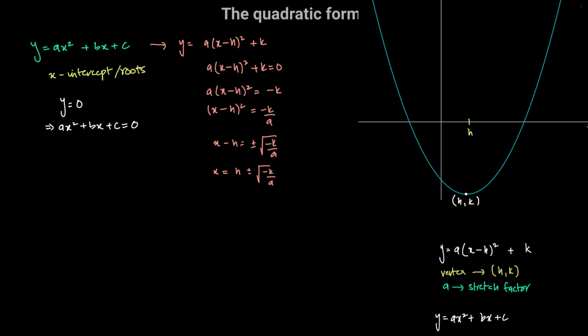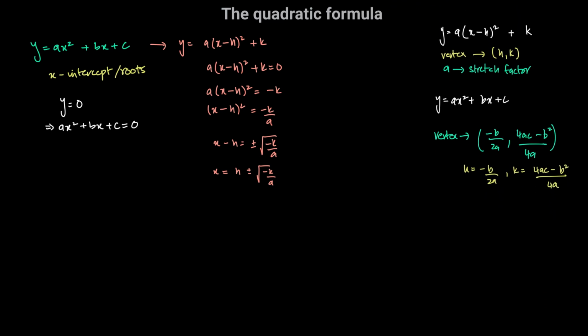Now we have learned previously that if we were to take a quadratic expression in the expanded form ax squared plus bx plus c, and we were to convert it into the completed square form, a times x minus h, the whole thing squared, plus k, the values of the x-coordinate and the y-coordinate of the vertex, in other words h and k, can be expressed in terms of a, b, and c.